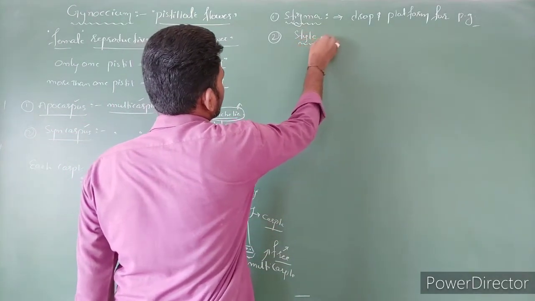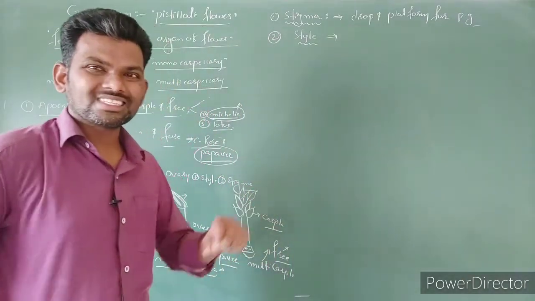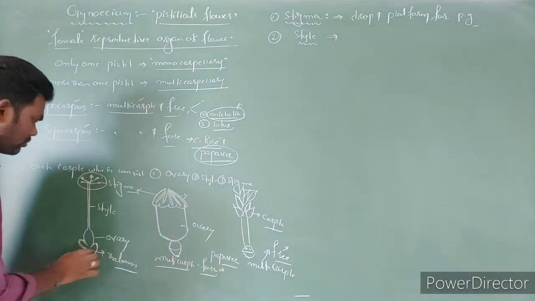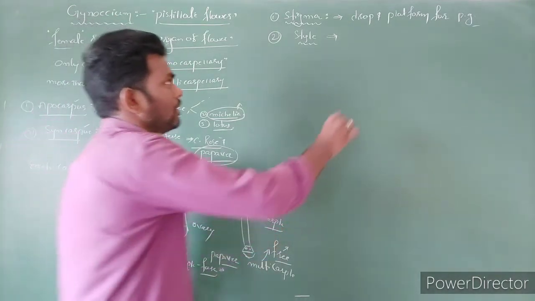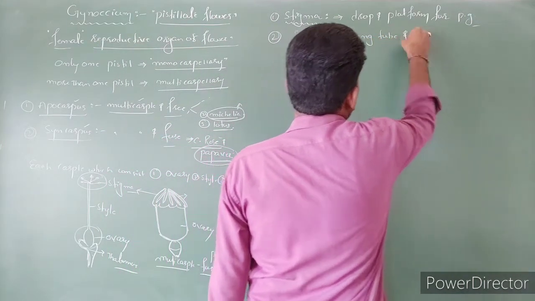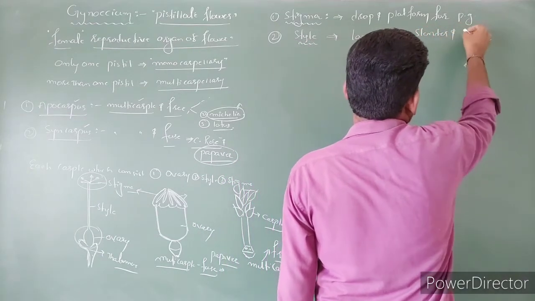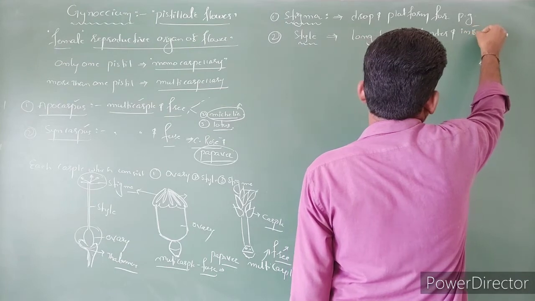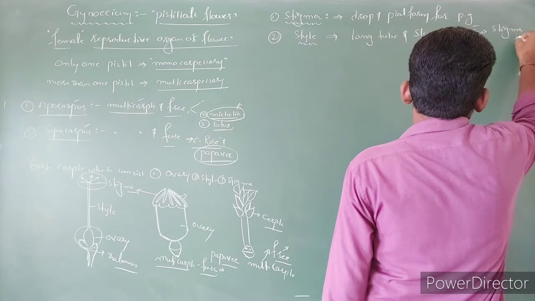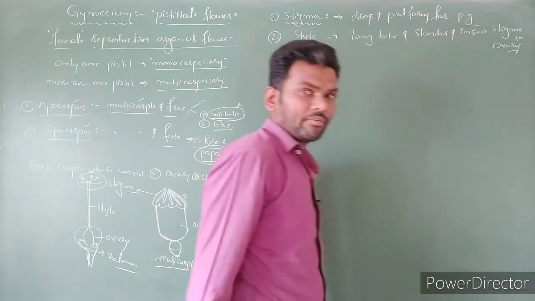The style is an elongated, tube-like slender structure which is present between the stigma and the ovary, right?